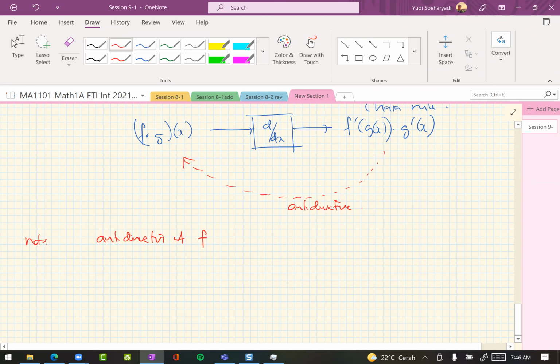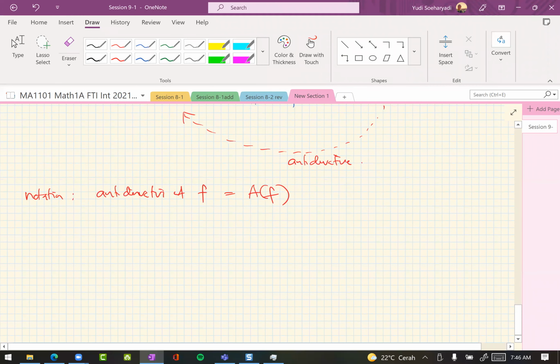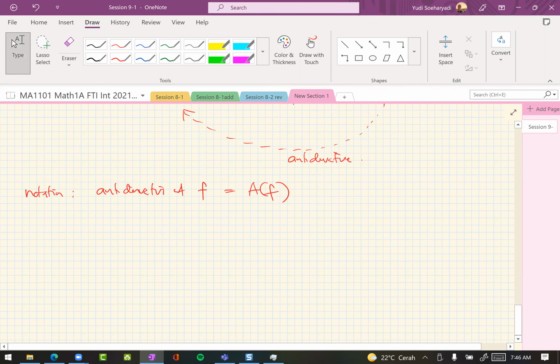Let me introduce notation so that we don't have to write the antiderivative over and over.